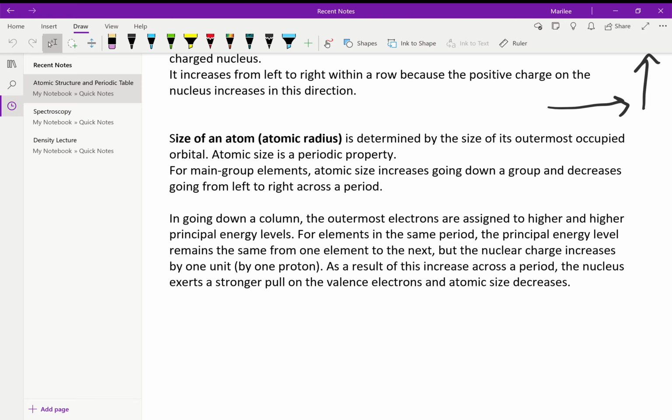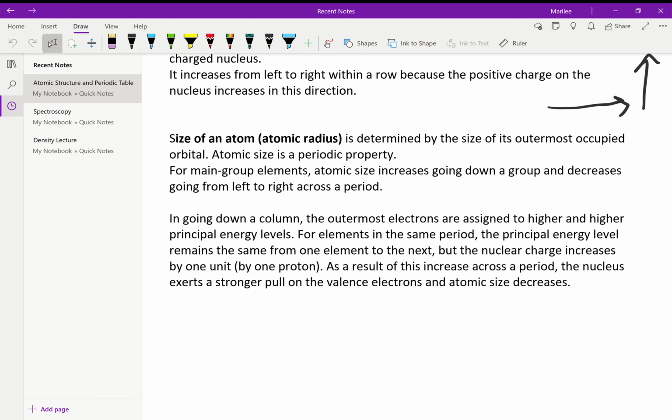And going down the column, the outermost electrons are assigned to higher and higher principal energy levels. For elements in the same period, the principal energy level remains the same from one element to the next, but the nuclear charge increases by 1 unit because you're adding 1 proton.